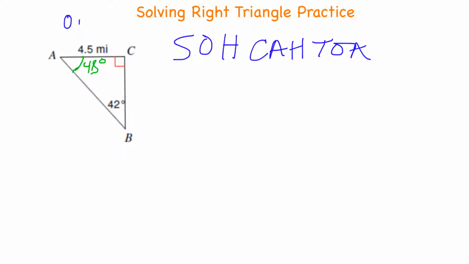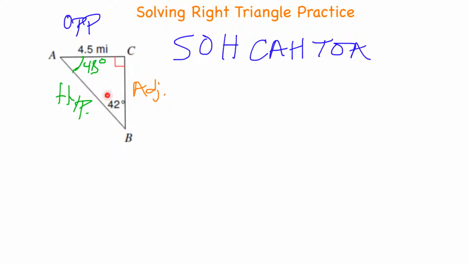Good, that's our side opposite. And what is this one called? Okay, that's our adjacent. And then the longest side of any triangle is called what? Good, the hypotenuse.